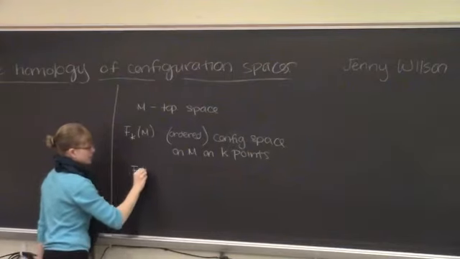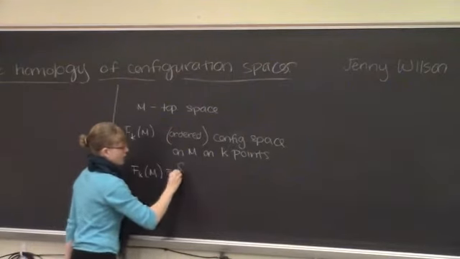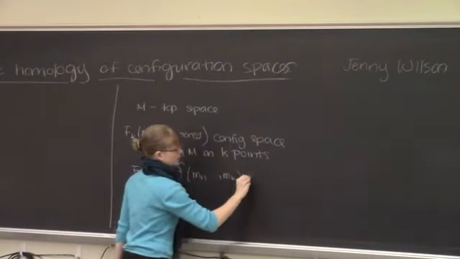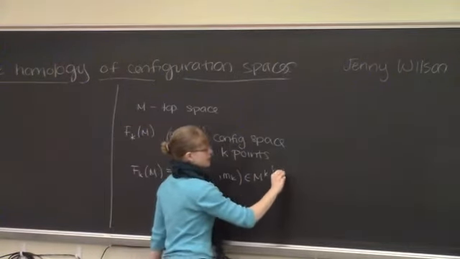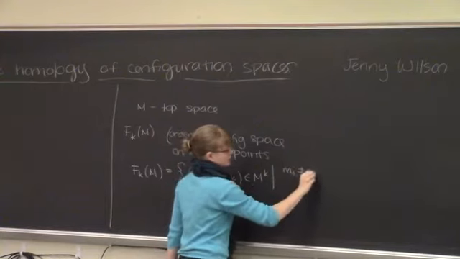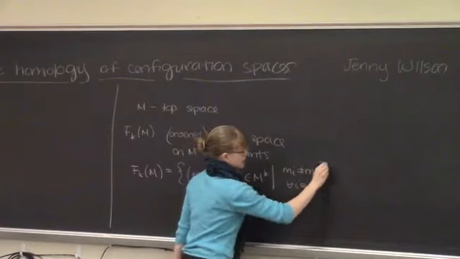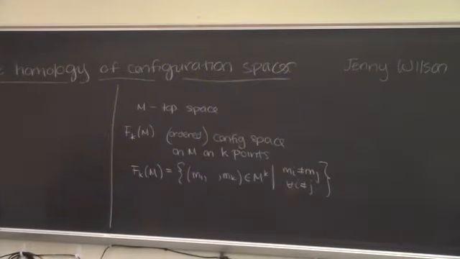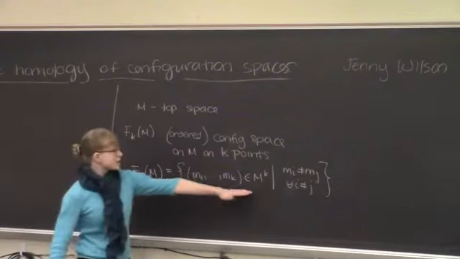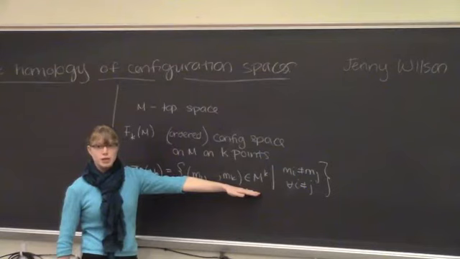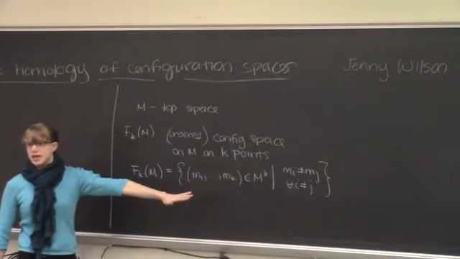This is the space of ordered k-tuples of distinct points in my space M. So this is a subspace of the k-fold Cartesian product on M and is topologized as such.